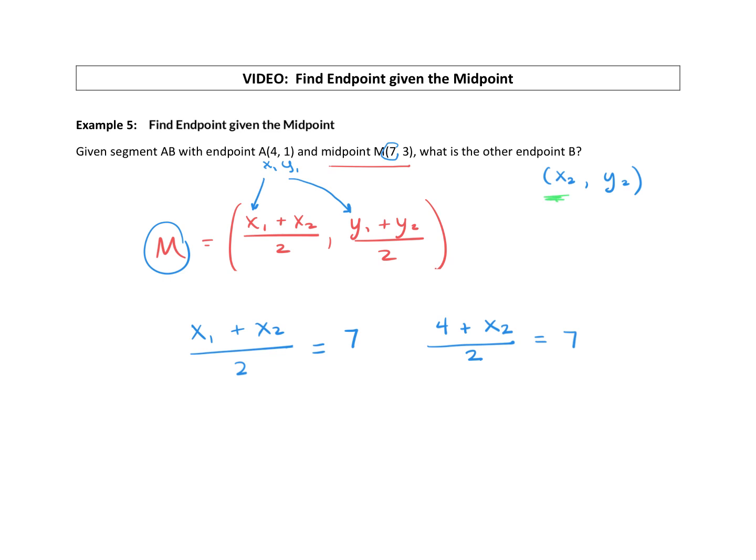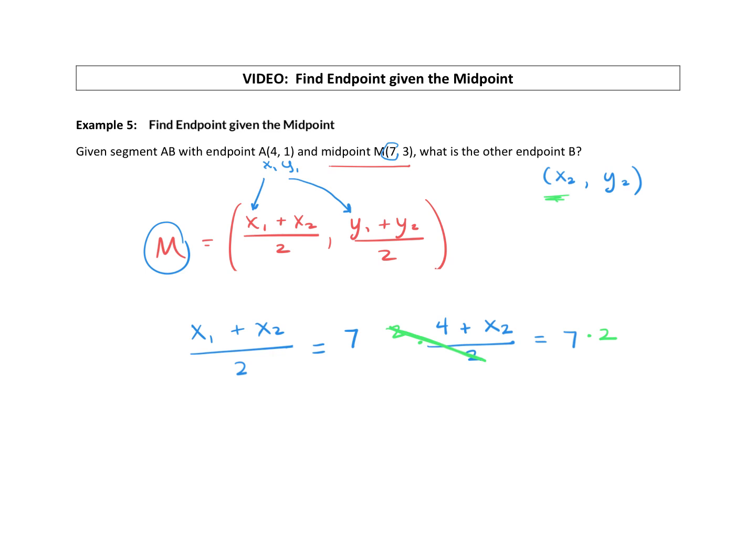Do you guys notice we have a fraction? This whole thing is being divided by 2. Easiest step is to multiply by 2 to get out of that fraction. You're going to multiply by 2 on both sides. Now on the left, we are dividing by 2 and we're multiplying by 2. Those are opposite operations. Those actually reduce to 1.